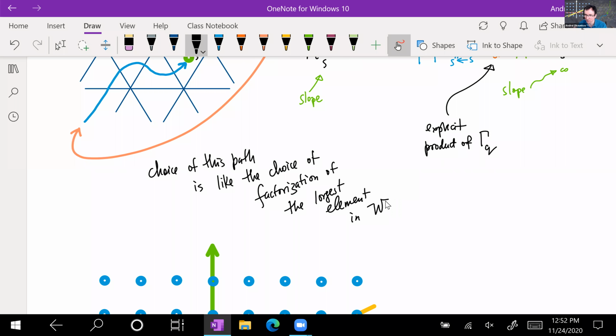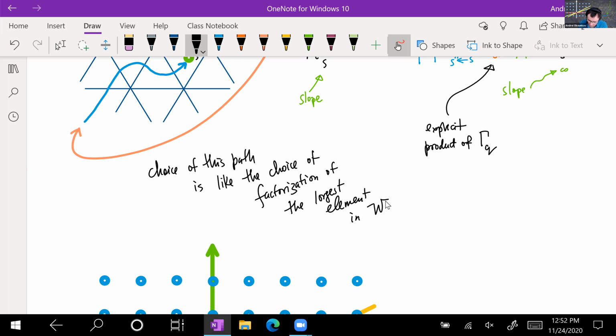If you look at Lusztig, there'll be many statements about quantum groups that require a choice of factorization into the longest element in the Weyl group. The analogous statement in Khoroshkin-Tolstoy is the choice of ordering of all possible roots, but what really is a choice of a path.